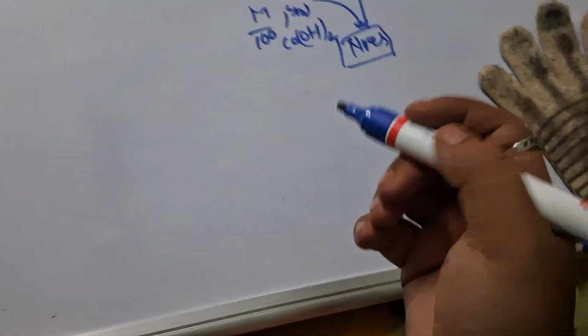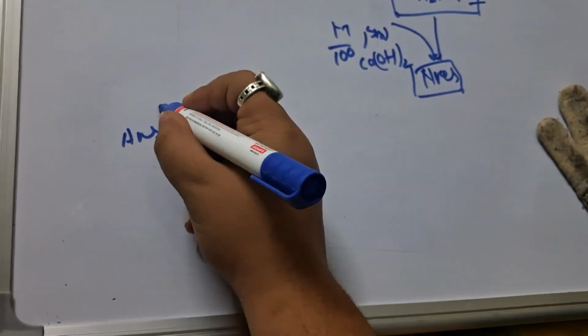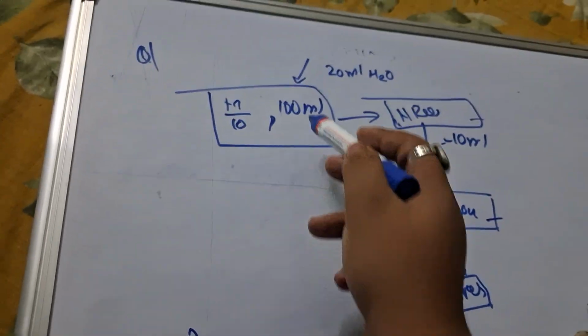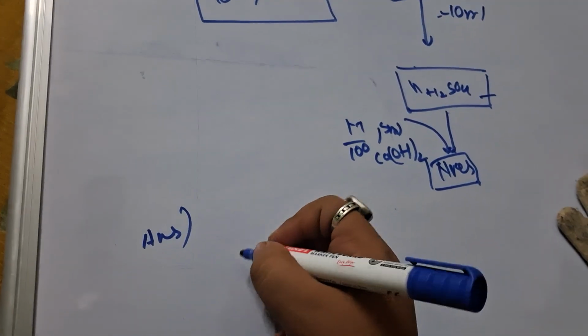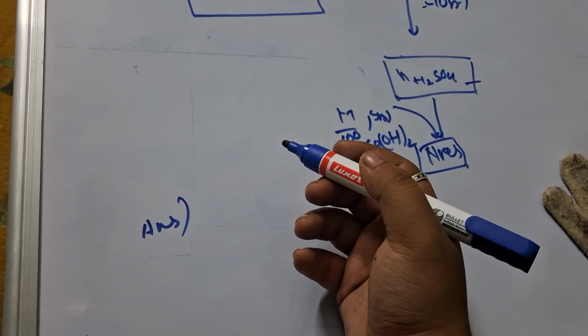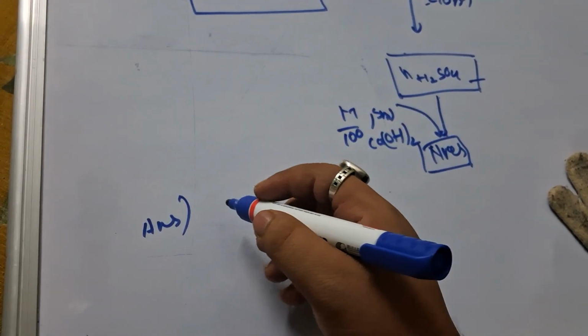So I think we had enough time. Let's start our answer. First we have to find the normality of this solution plus 20 ml. So what is normality? Good question.